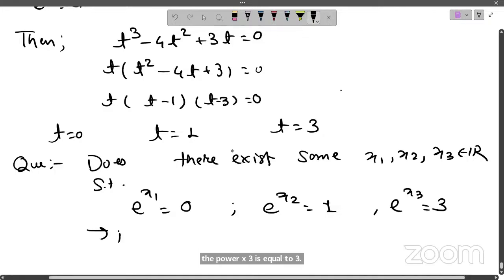So here the answer is no, because e to the power x1 cannot be equal to 0 for any real x.